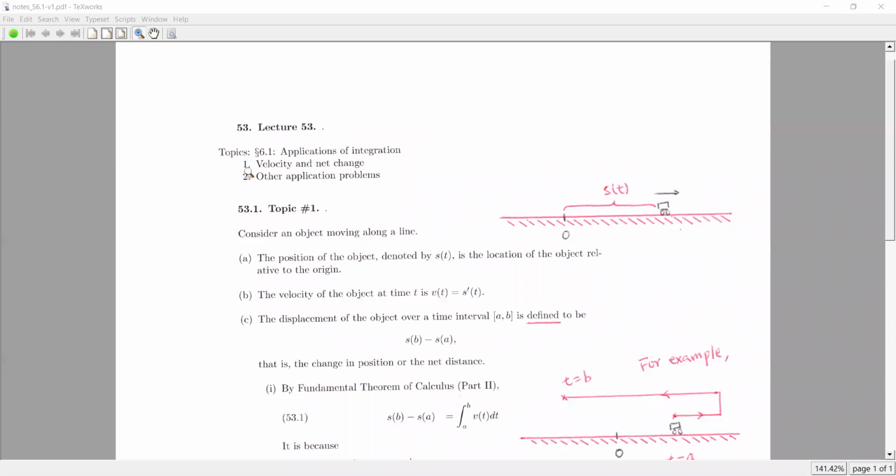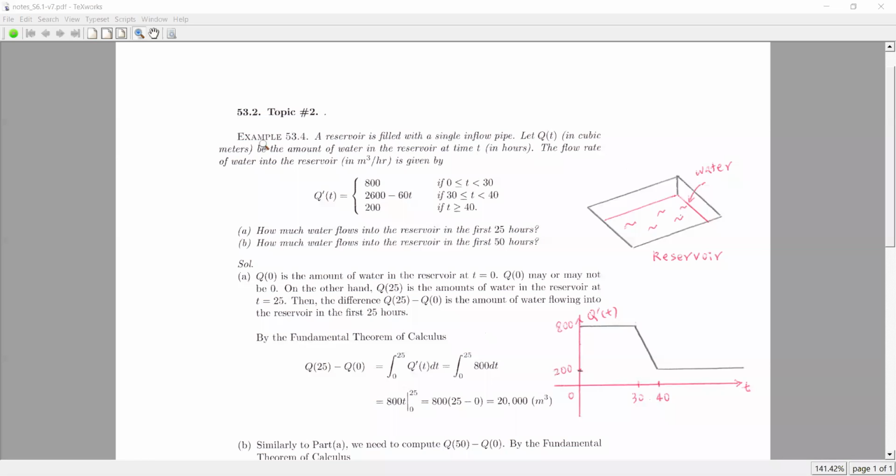Now, the second topic. In this topic, I present one example about other applications of integration. Example: a reservoir is filled with a single inflow pipe. Let Q, measured in cubic meters, be the amount of water in the reservoir at time t.